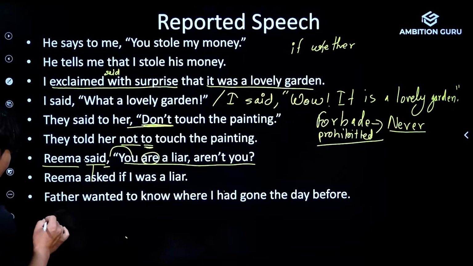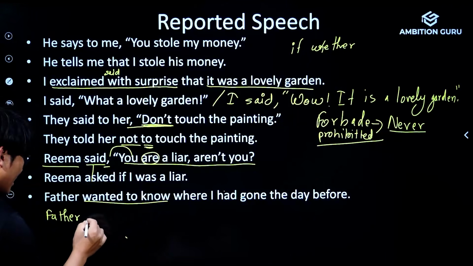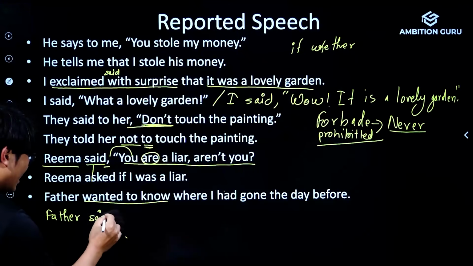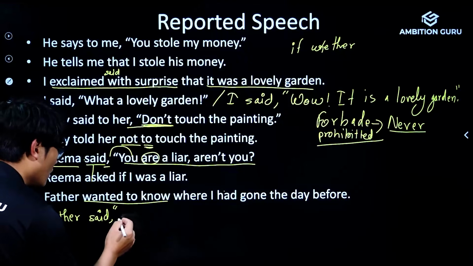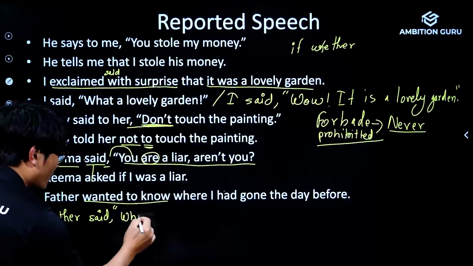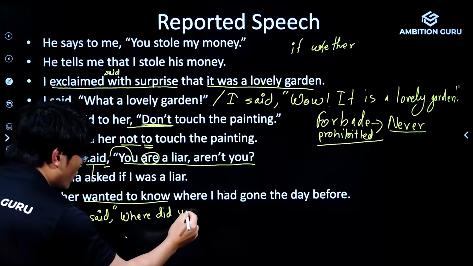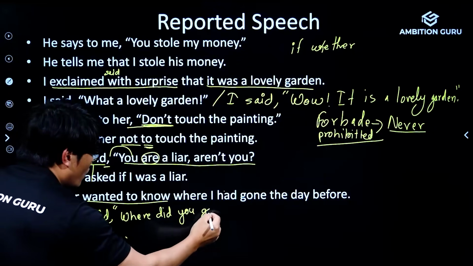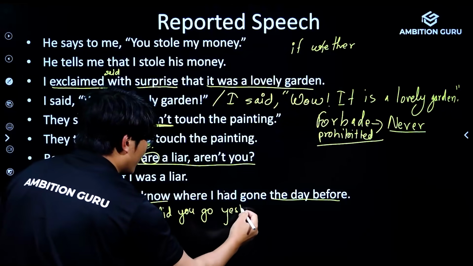Let me also write here. Obviously, father remains here. Wanted to know should be changed into said, and then, in double quotes, where did you go the day before, meaning yesterday.